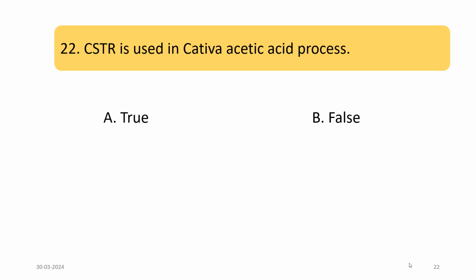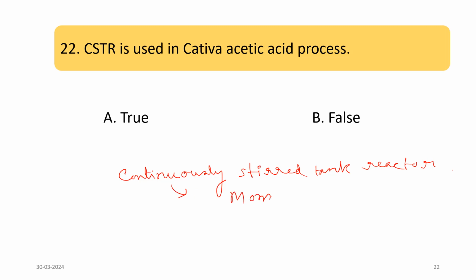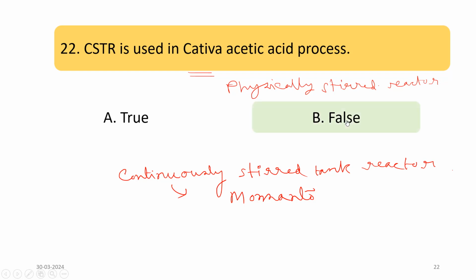So, CSTR is continuously stirred tank reactor. Okay, this is used in Monsanto process, but in the Cativa process, physically stirred reactor is used. That is why it is false.